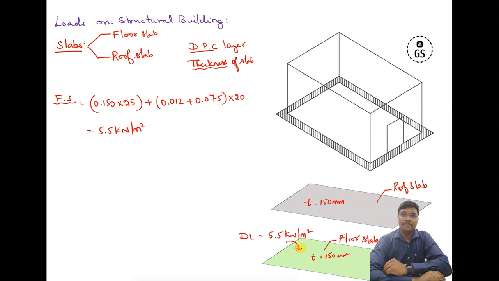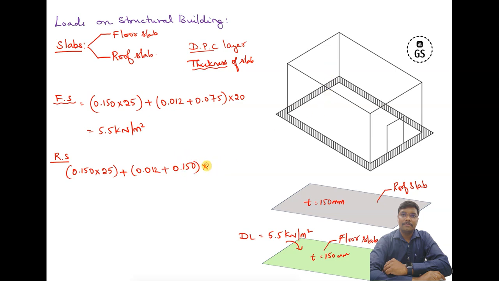It is going to be applicable here. The same way when you go for roof slab, let's go for roof slab dead load. So its thickness is the same, 150 mm. So 0.150 multiplied with the unit weight again of RCC, so 25, plus 0.012 plus 0.150, because I'm going to take 150 as DPC layer, then floor finishing is extra for roof slabs.